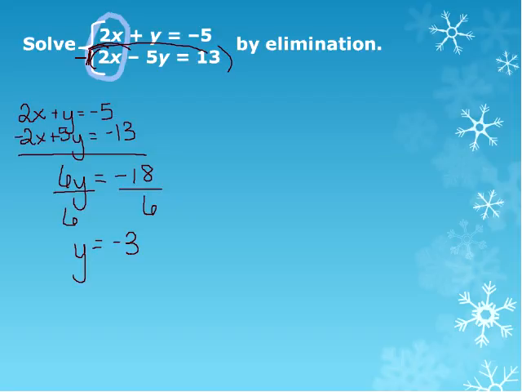So do you want to substitute into equation 1 or equation 2?